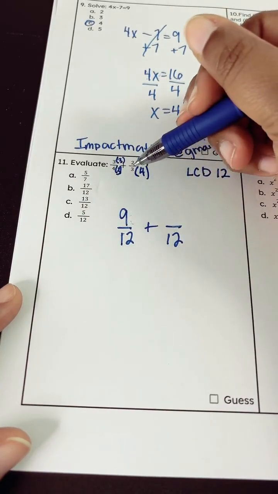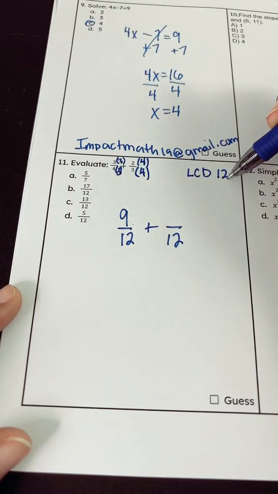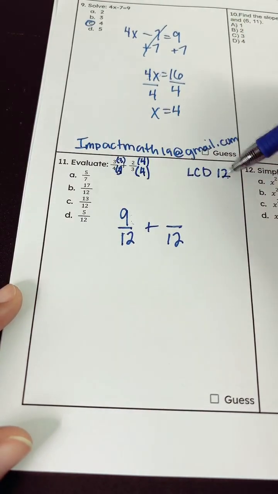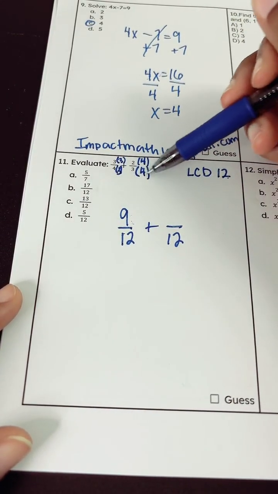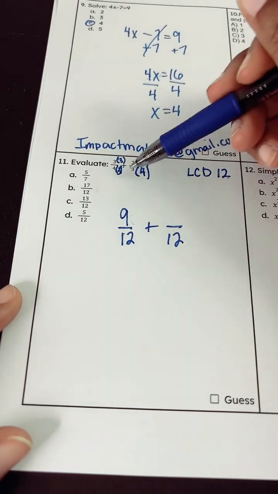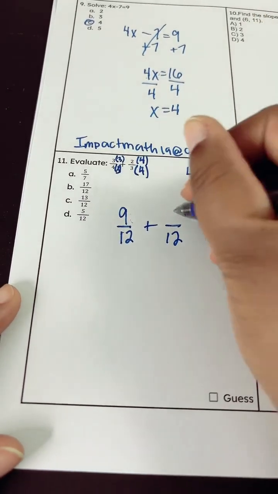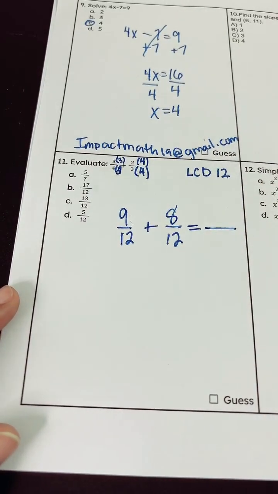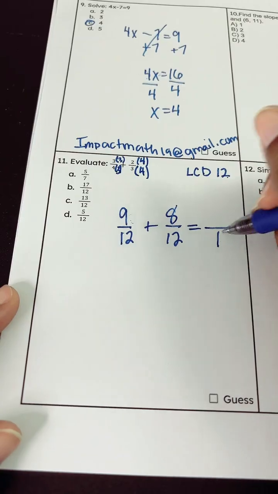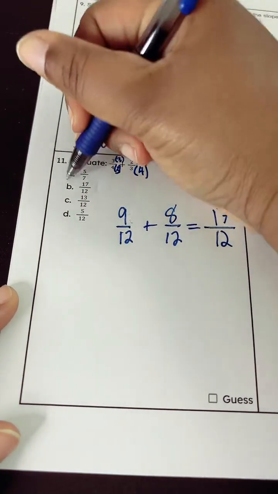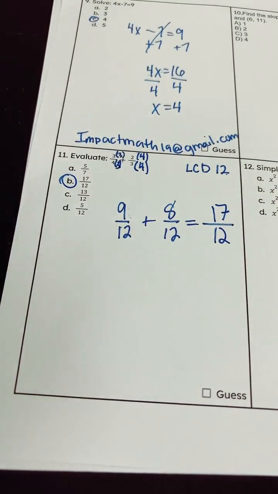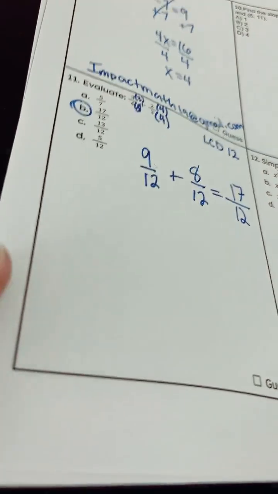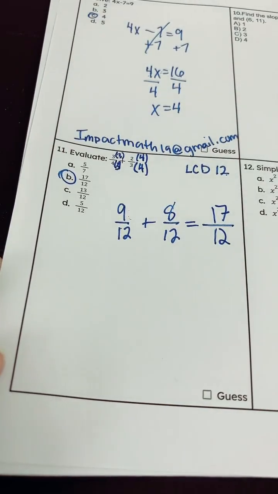Why 4? Because I need 3 to go to a 12. The only reason 3 can go to a 12 is if I multiply it by something to make it go to 12. Well, I have to multiply by 4. So I'm going to get 8. Good. And then denominator stays the same, and that is 17. So B is our answer. Yes, it's B. Good, Jess. Good.